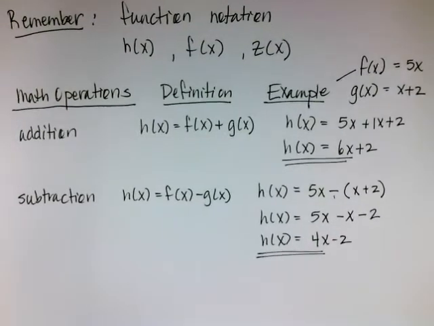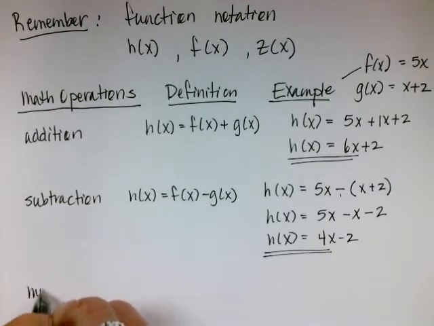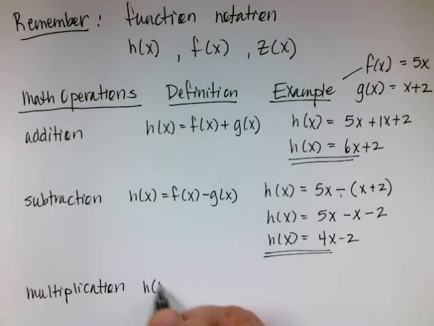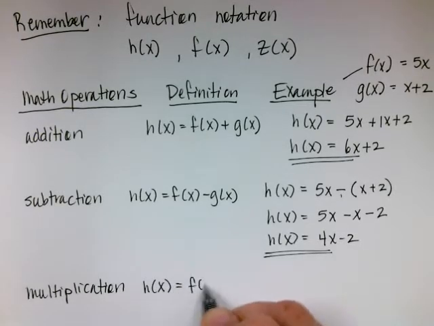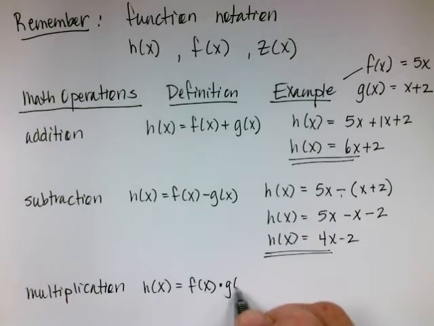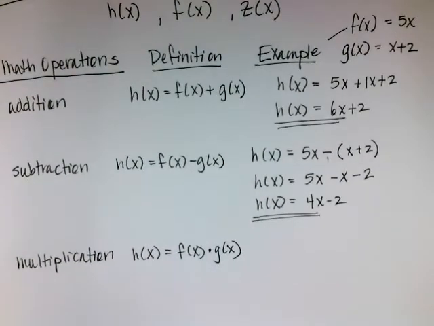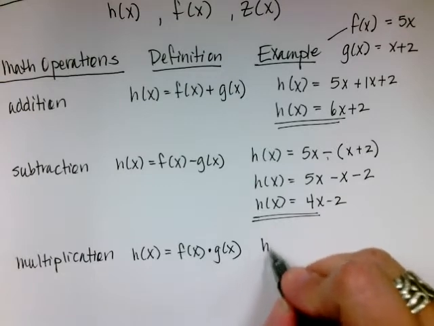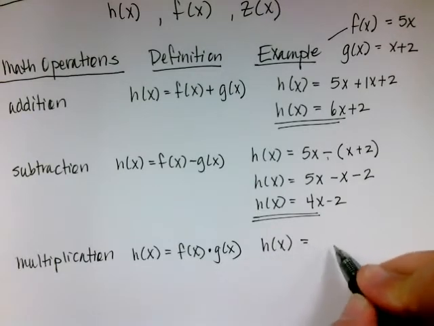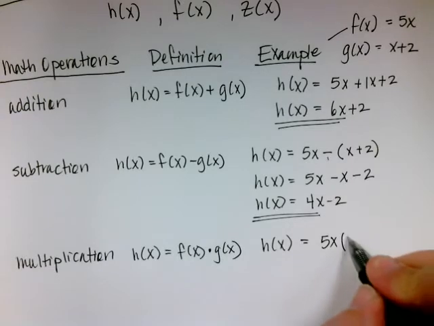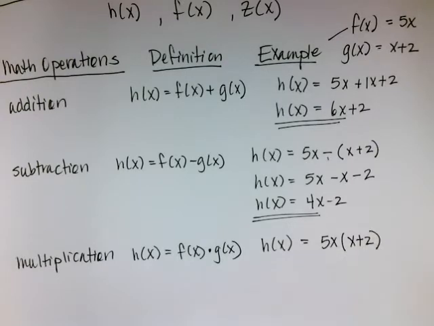Okay? My next math operation is going to be multiplication. And so that's going to look like h of x is equal to f of x times g of x. All right? So in this one, if I do the math portion for our example, f of x was 5x, and then I'm going to multiply that by x plus 2.